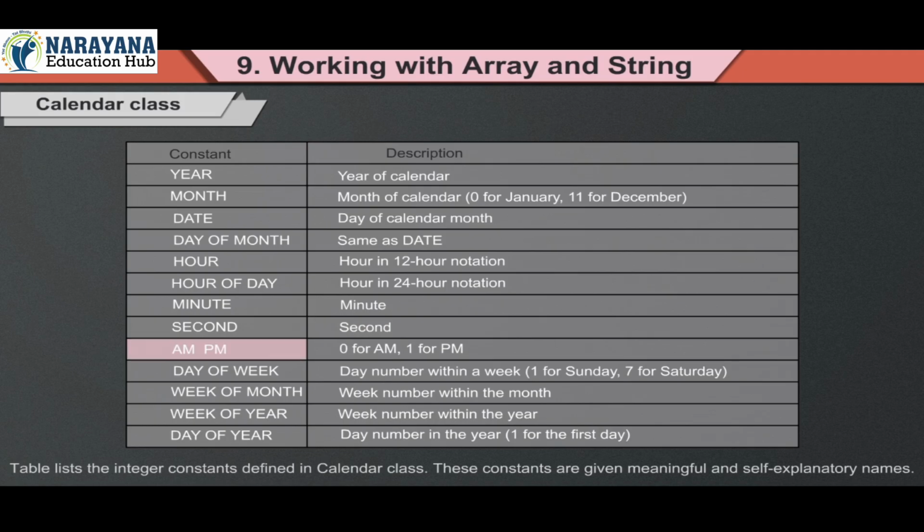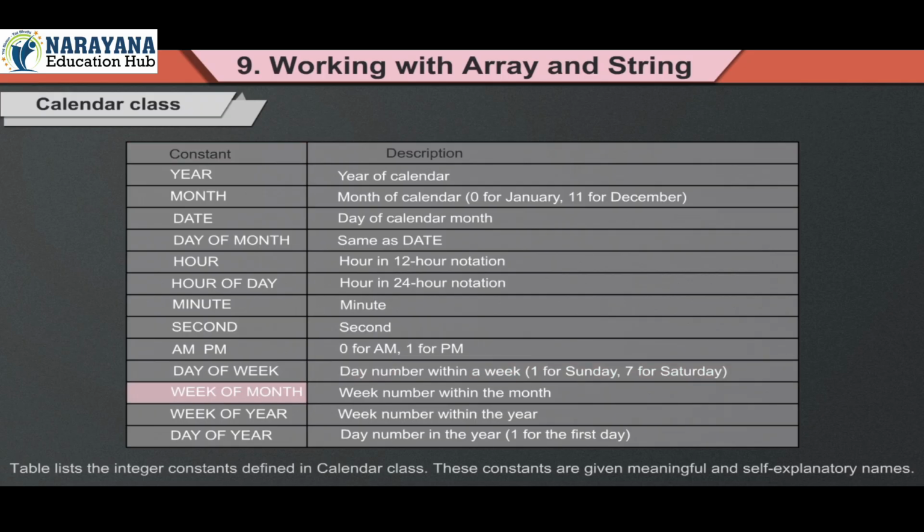Constant AM_PM. Description: 0 for AM, 1 for PM. Constant DAY_OF_WEEK. Description: day number within a week, that is, 1 for Sunday, 7 for Saturday.